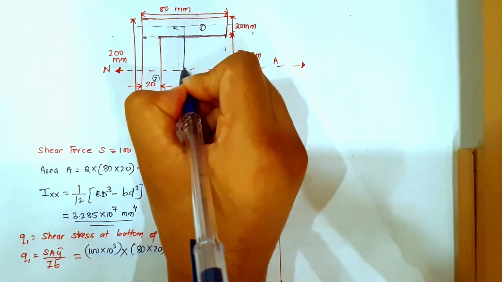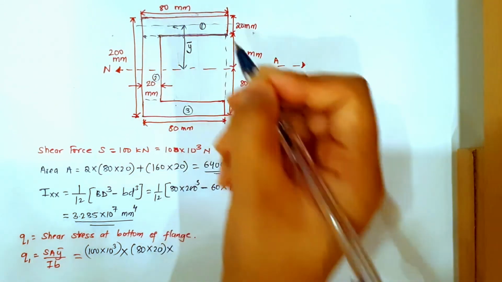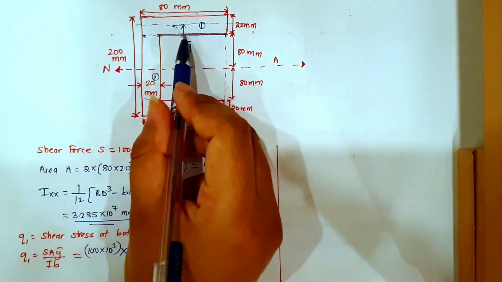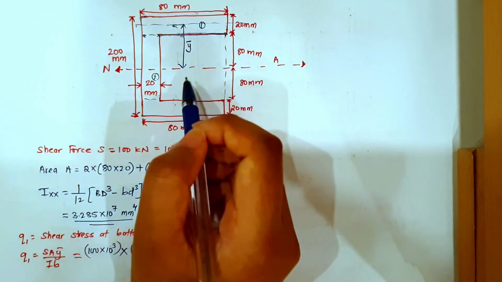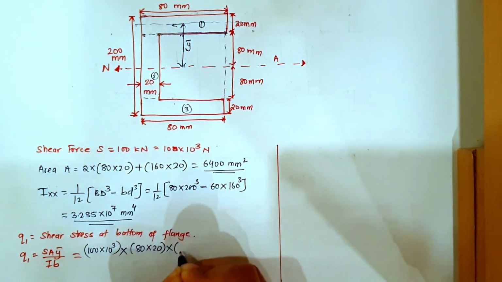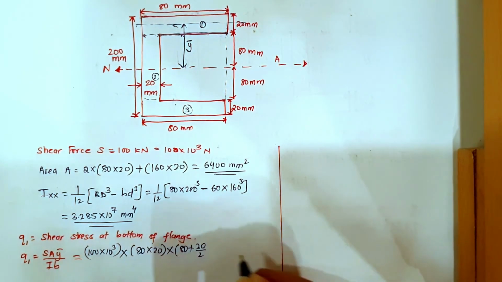So this much will be y bar. So how much will this be? From here to here it is 80 and half of this section will be 20 by 2 which is 10. So 80 plus 10, 90. So 80 plus 20 divided by 2.